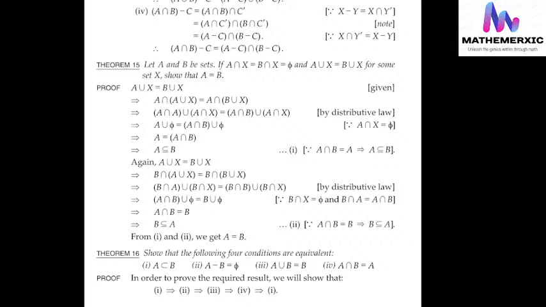Let us say A and B are two sets, and A intersection X and B intersection X are phi, and A union X and B union X are equal for some set X, then A is equal to B. Now A intersection X will be equal to B intersection X, which is phi.